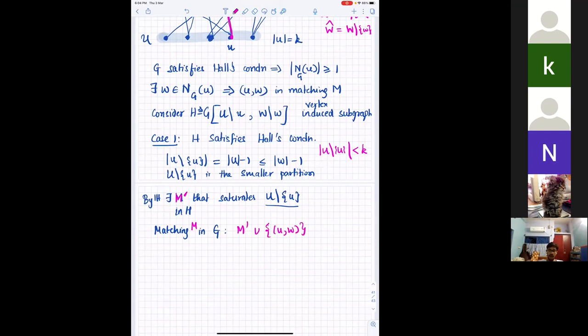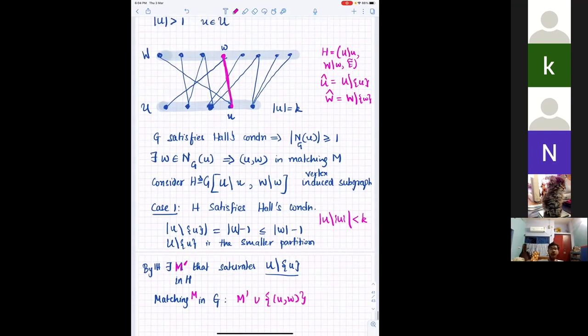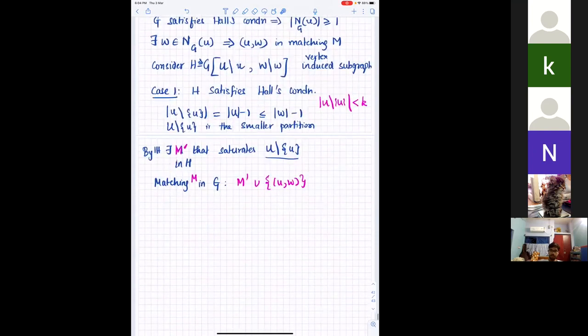Is this clear? This is definitely a matching. First, it saturates every vertex in U. And it is definitely a matching because the edge uw is entirely vertex disjoint from M prime, because M prime is in H and we removed u and w in H. This should be super clear.